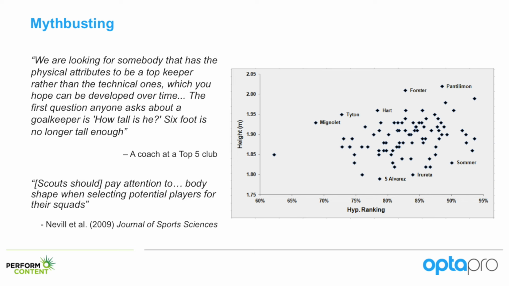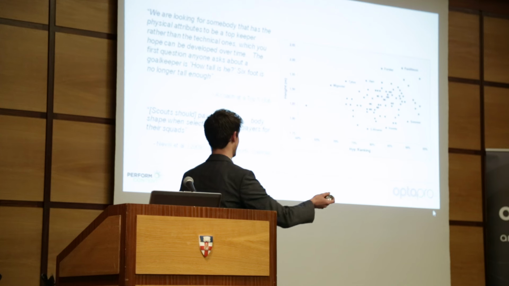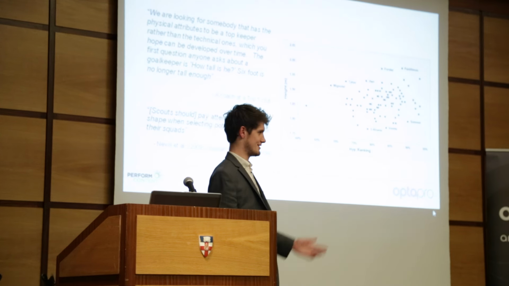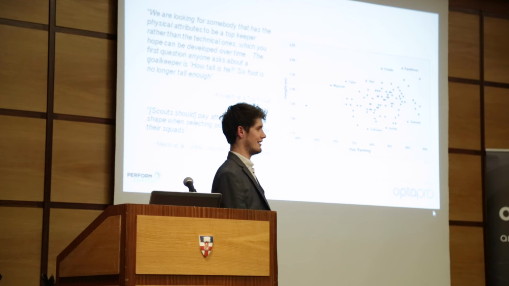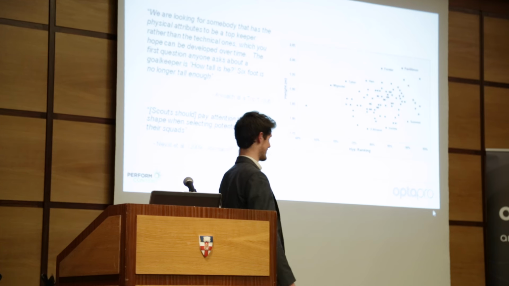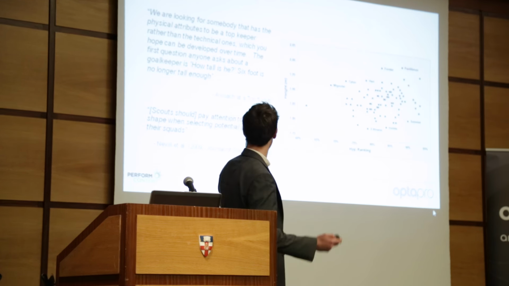But there's still 20 centimetres plus between Sommer and Pantilimon, Irureta and Fraser Forster, for example, but their hypotenuse rankings in 2014-15 were pretty much the same. I think the R-squared of that is about 0.06, although it is statistically insignificant. But I haven't tried any other regression models, to preempt the probable question.